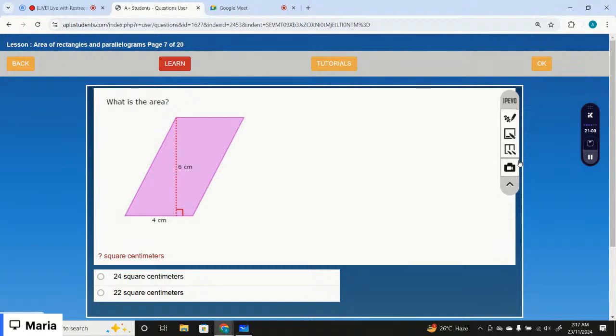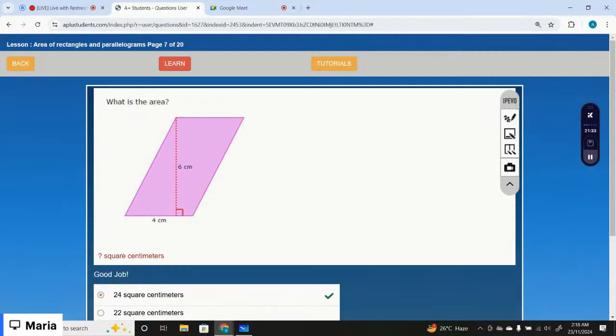What is the area? Which is the correct option? That is 24 square centimeters. Option number 1 is the correct option.